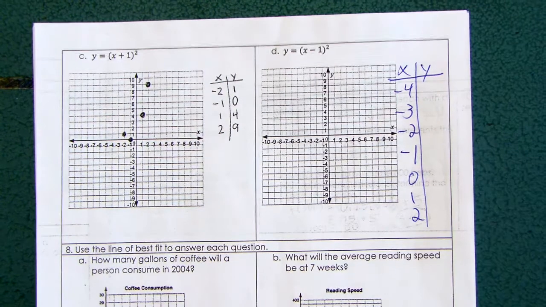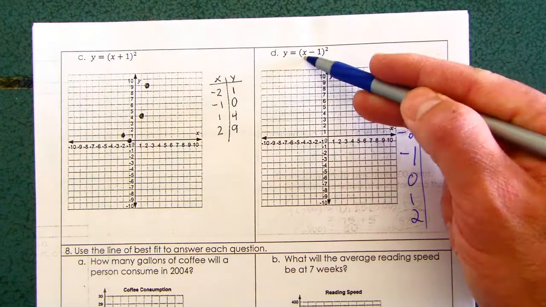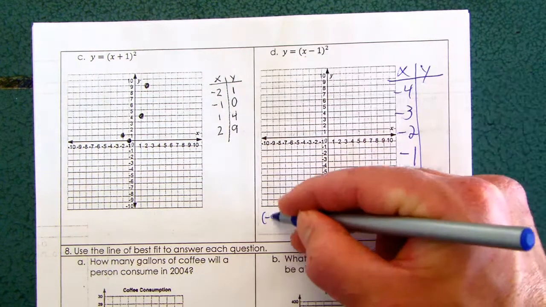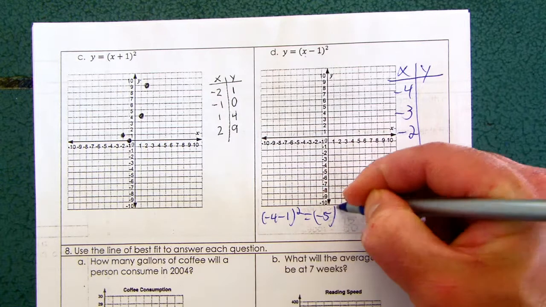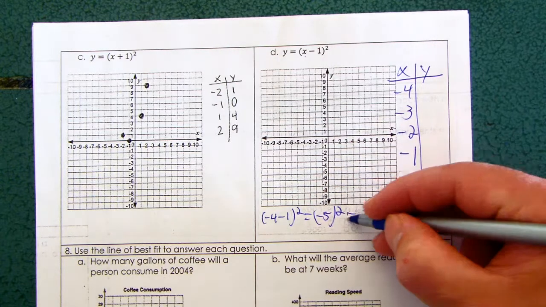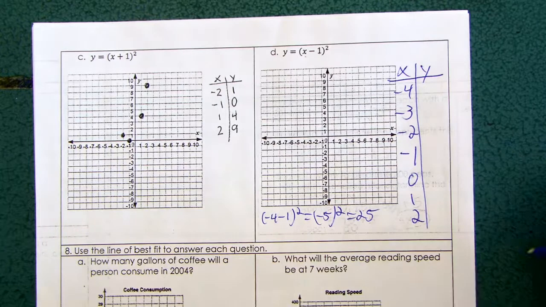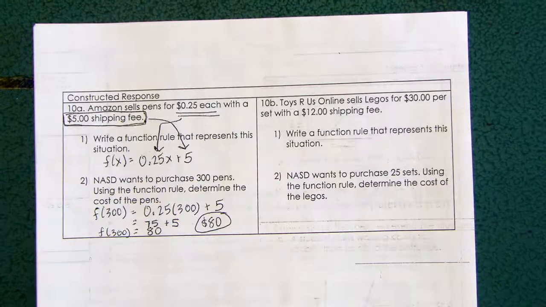All right, so again, I'm going to give you these x values on the test, so you don't have to worry about that. All right, but we put -4 in here. -4 minus 1 is -5. So we're going to get -5 squared is 25. So I'm not going to be able to graph that one. Actually, let me do some different x values here.